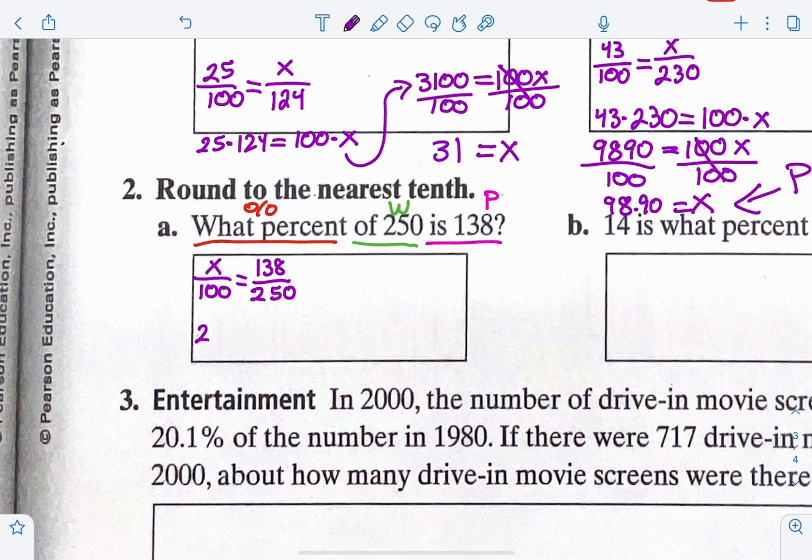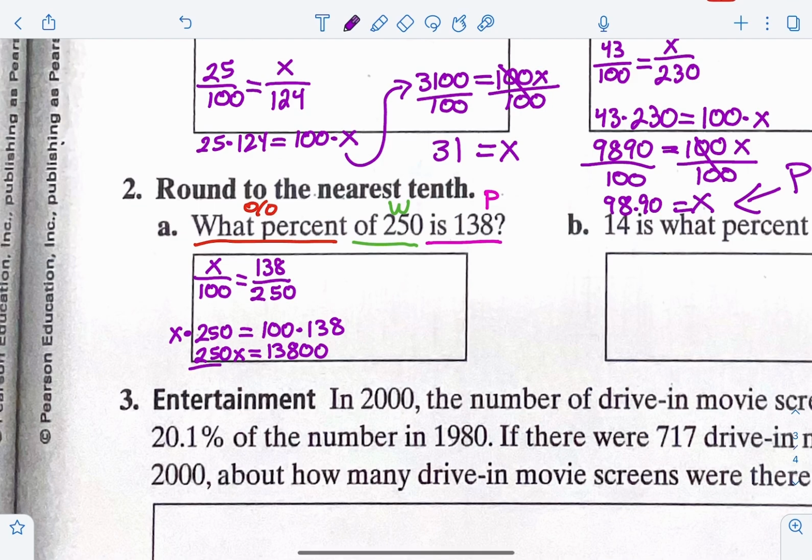So we're going to have x times 250 equals 100 times 138. X times 250 is just 250x equals 100 times 138 gives me 13,800.